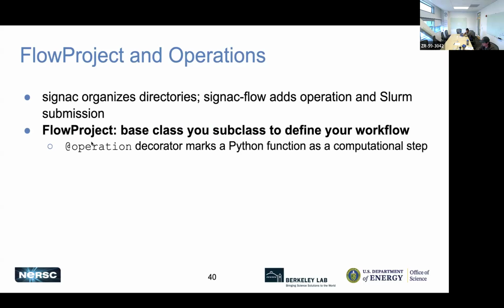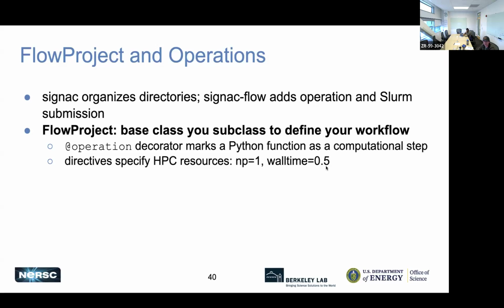All right, Flow project. This operation decorator, you add that to a Python function to define it as the actual computation that I want to do for each state point. And you can give it information about the resources that you want to be used. This is information that's going to be passed to Slurm.